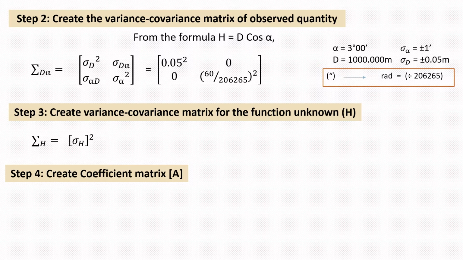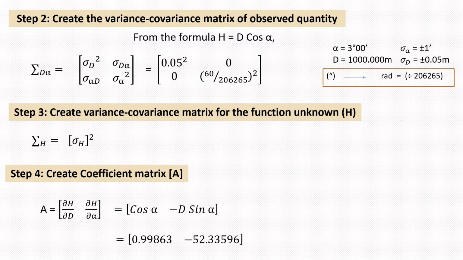Move on to step 4. Create the coefficient matrix. This matrix is created based on the differentiation of the function created earlier, which is h equals d cos alpha. Differentiate with respect to d and alpha. The dimension of the matrix A here is 1 by 2. This is because there is one function or one unknown and two observed quantities.